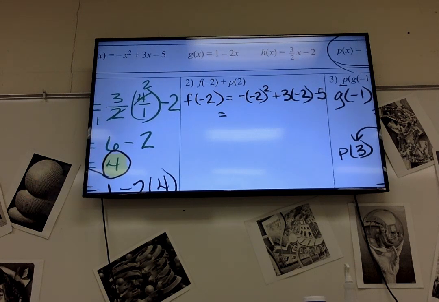You got to be careful here. You got to do negative 2 squared, which is positive 4, but then there's a negative in front of it, so it's still negative. And then minus 6 minus 5. So that's negative 15.